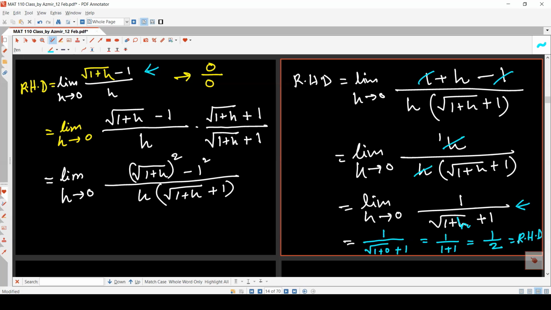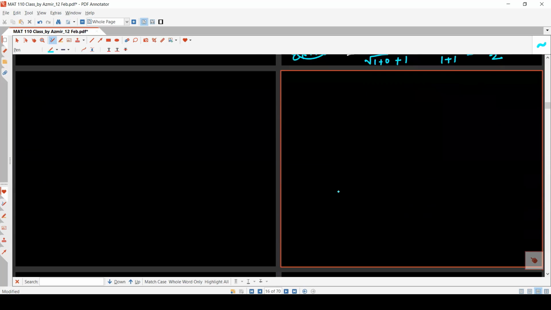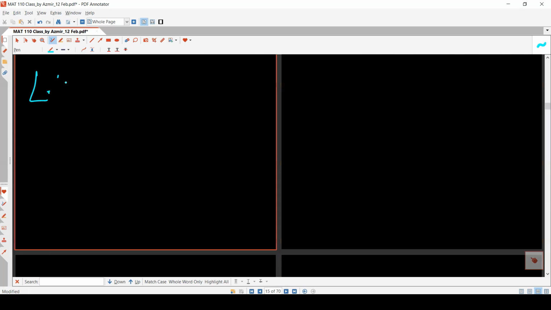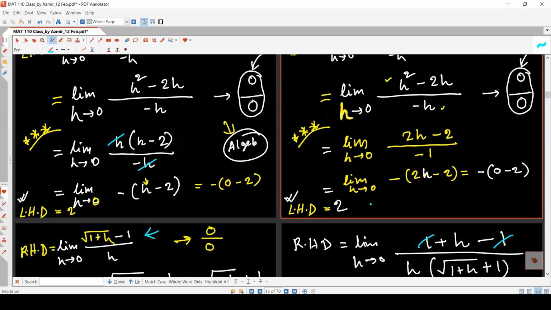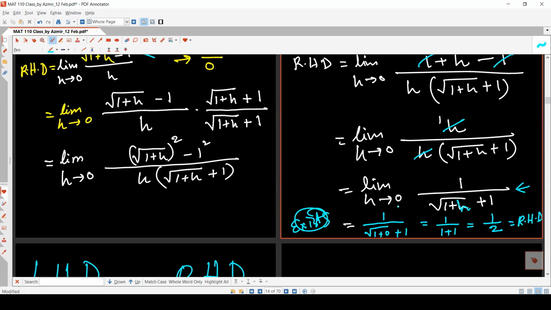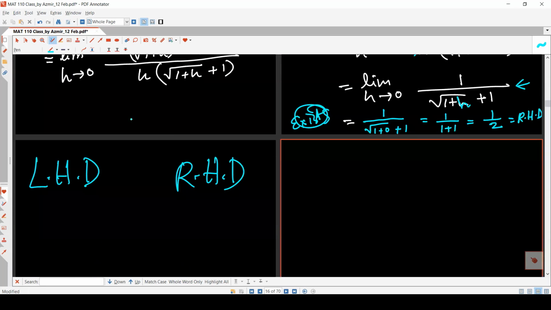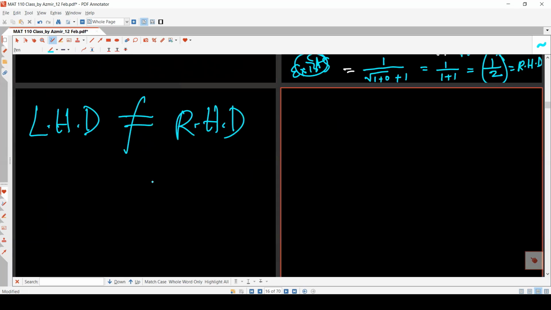That means right-hand derivative limit also exists. But we have to check whether left-hand derivative and right-hand derivative are same or not. We have found that left-hand derivative equals 2, but right-hand derivative is 1 by 2. So these two are not same.